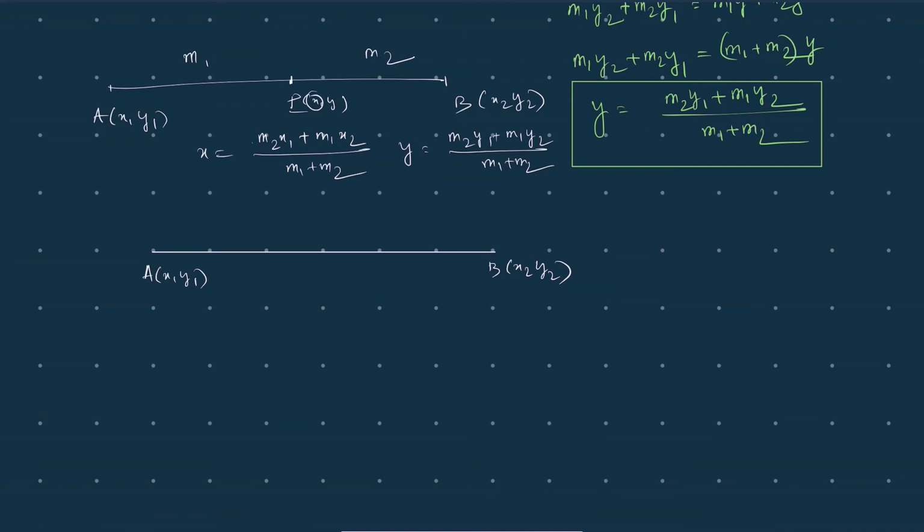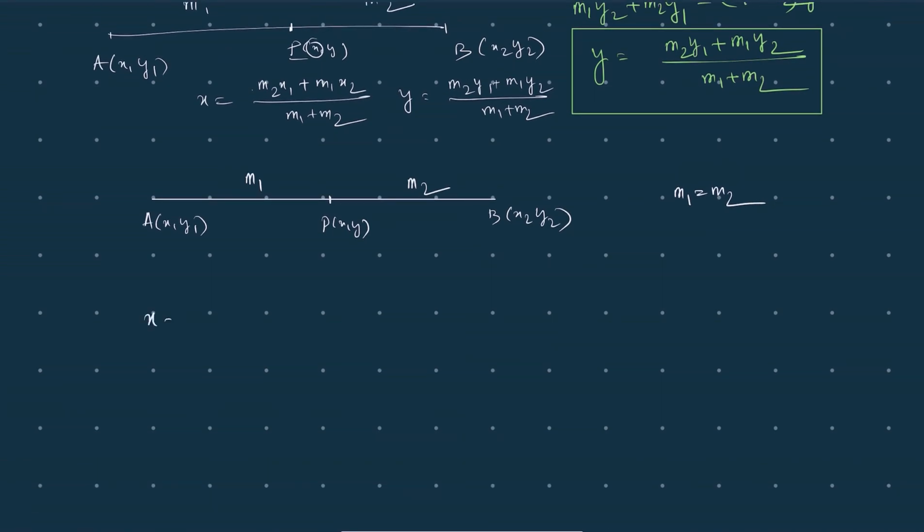Suppose there is one point which is dividing this line segment exactly into equal pieces. It means, if this point P, x comma y, is going to divide this line segment AB into equal pieces, m1 must be equal to m2. Okay, now you put in this section formula.